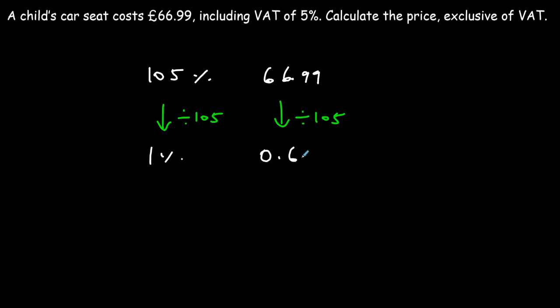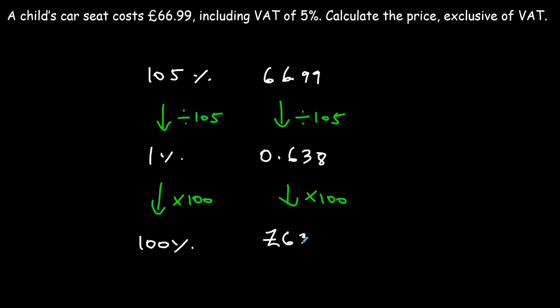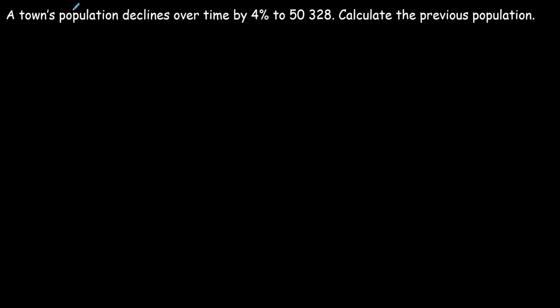So that would be 0.638. And then 100% would just be £63.80. A town's population declines over time by 4% to 50,328. Calculate the previous population.